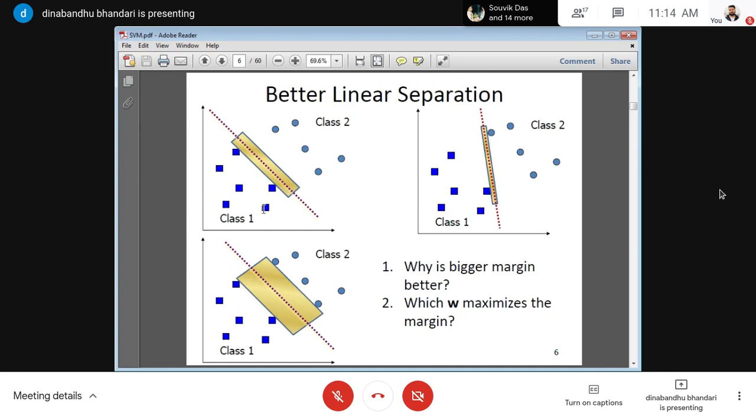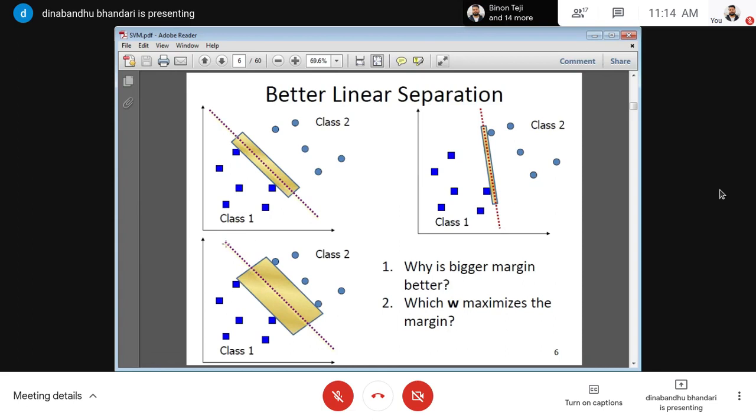If you have a boundary like this, then the width of the separator, which we will refer to as the margin, is very small. Now, see in this case, this boundary is in between these two, the inclination is proper, and the separation margin is quite high. So compared to these two, we will prefer to consider this one as our separator.